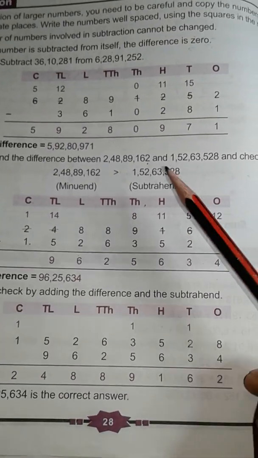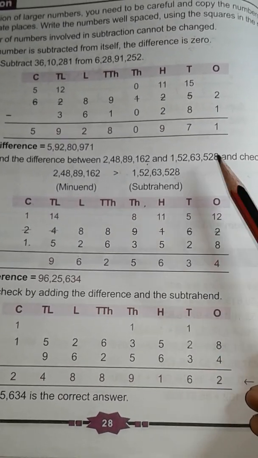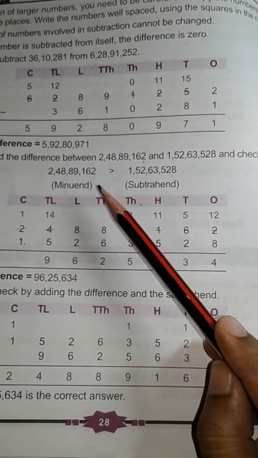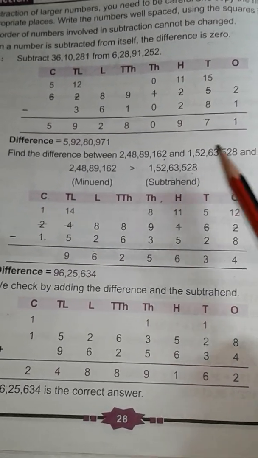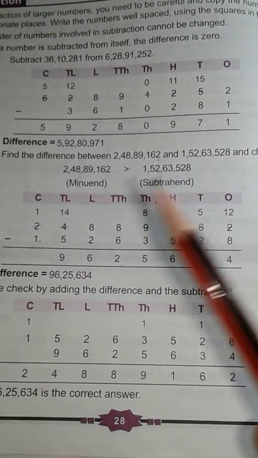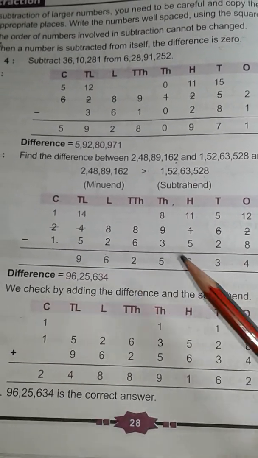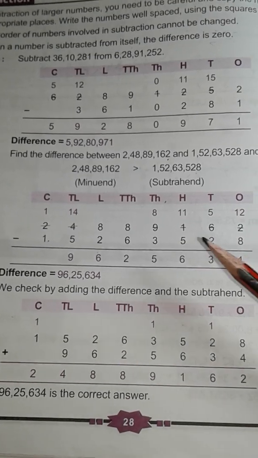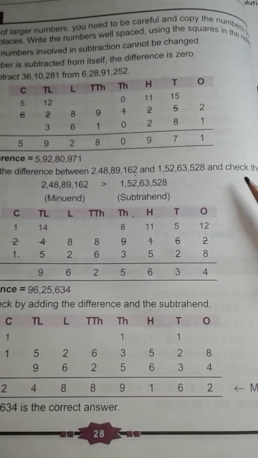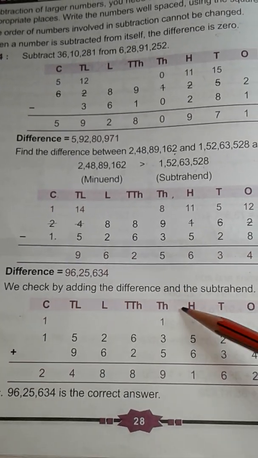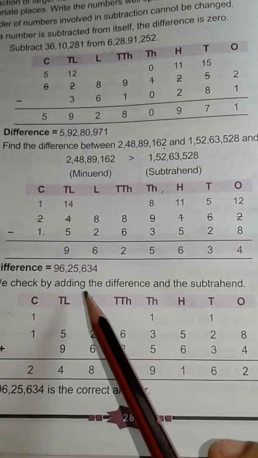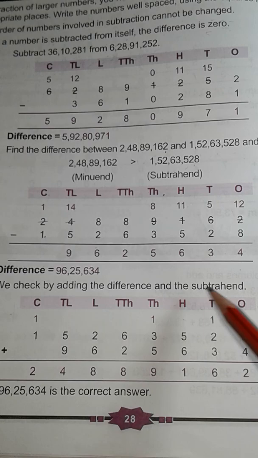So first you see, children, which one is minuend and which one is subtrahend. The bigger number is minuend and the smaller one is subtrahend. Like this you have to write first minuend, then subtrahend, then find the difference. Then second question is what? Check the answer is correct or not. How you check? We check by adding the difference and the subtrahend.